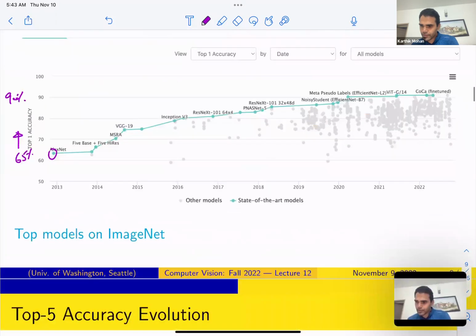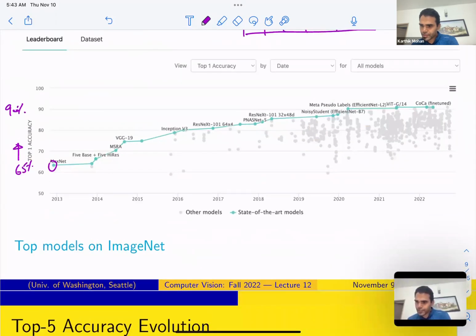You can see AlexNet, VGG, Inception, ResNet, and actually we're looking at ResNet, but ResNeXt is an improvement on ResNet that we discussed today. And you can see it shows up until like 85% here, 2018. And there's like other ones.